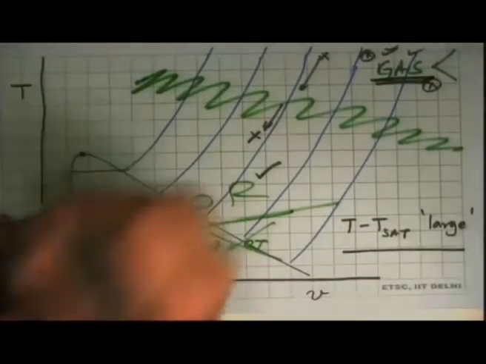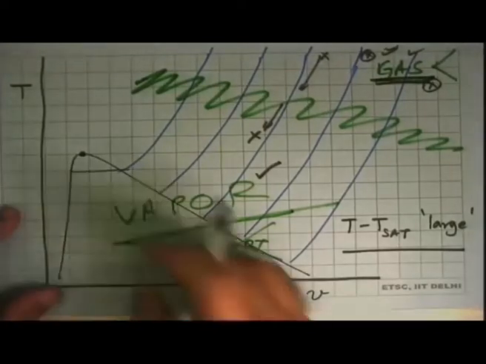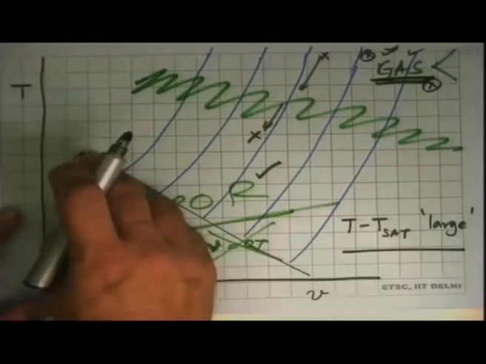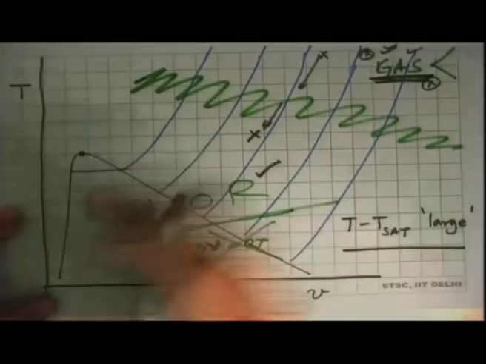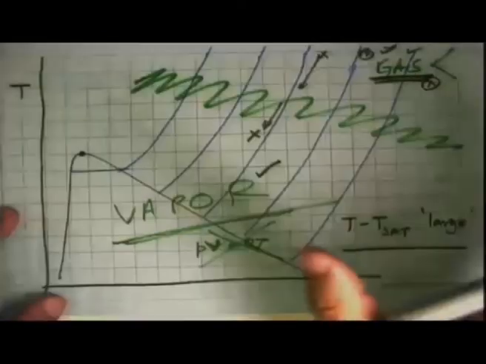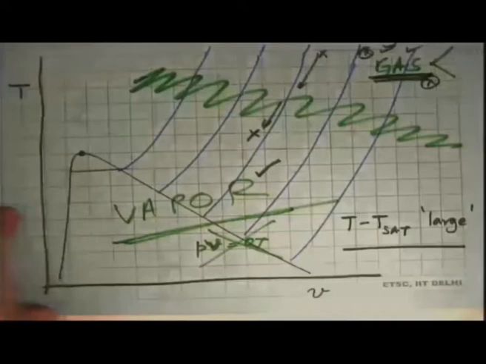We look at the critical point, and we say that relative to the critical point, where does the state lie? And then we will define a group of states which we can say are good for ideal gas behavior.